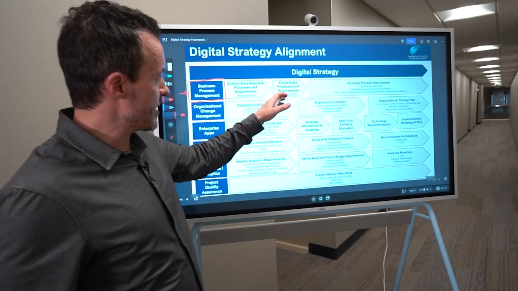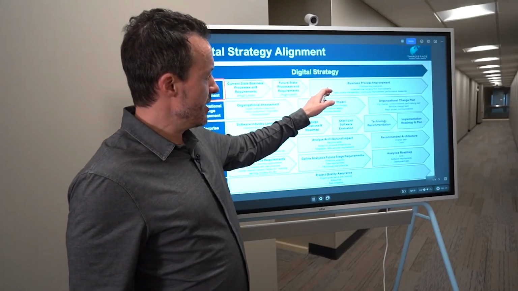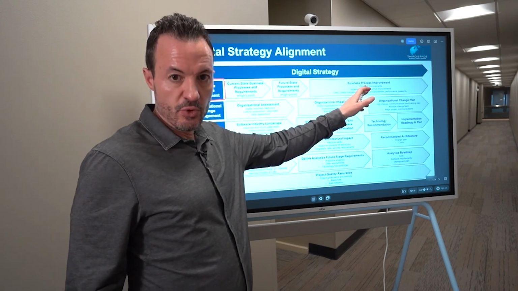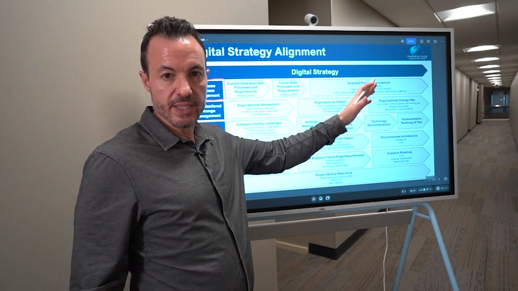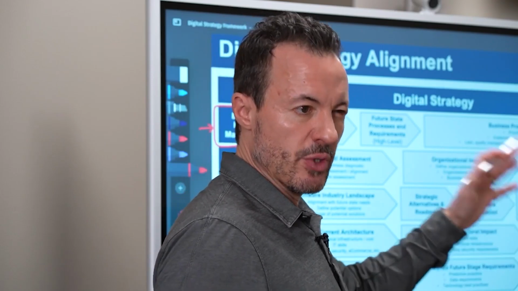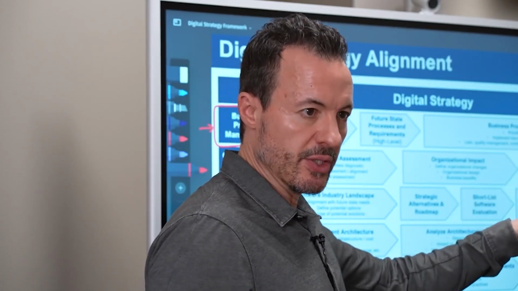Once you've done these two activities, that's where you start to look at the potential business process improvements, and you might even start deploying some business process improvements in parallel with selecting and deploying technologies. In other words, you don't necessarily need to wait until you find new technology to implement all of your process improvements, even though many of them will be enabled by new technologies.